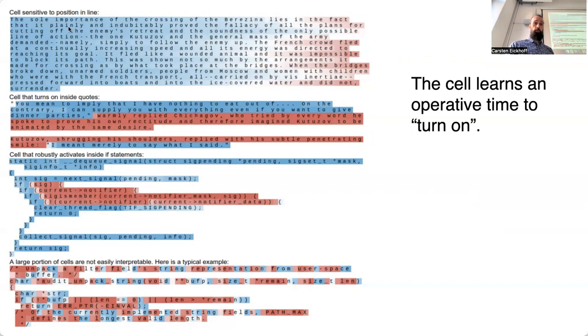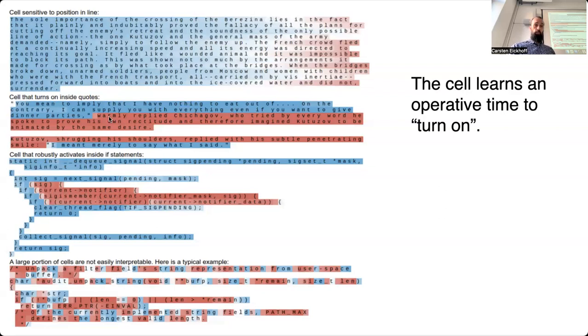We can, for example, learn to become sensitive to the position in the line. So you see that the model is pretty quiet unless we are at the end of the sentence, and then we start paying attention here.